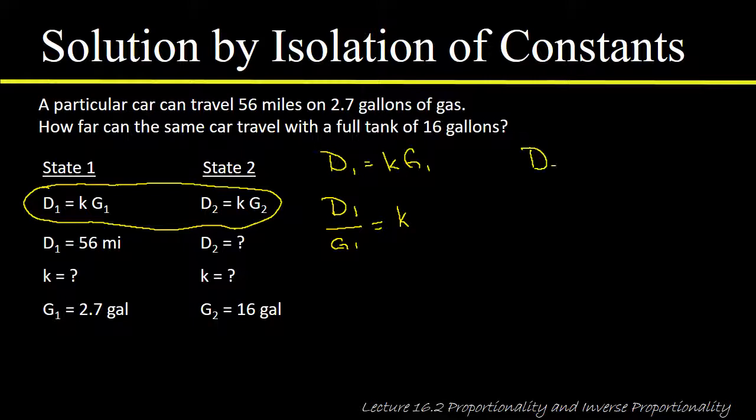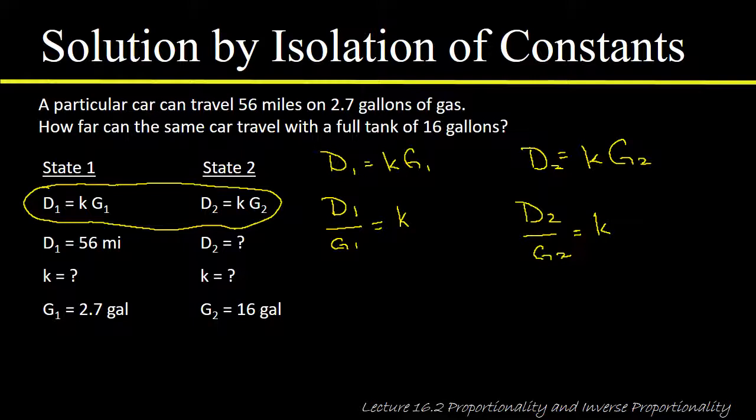We've got D2 equals K times G2. And if we want to get the constant K by itself, divide both sides by G2. This gives us D2 over G2 equals K.